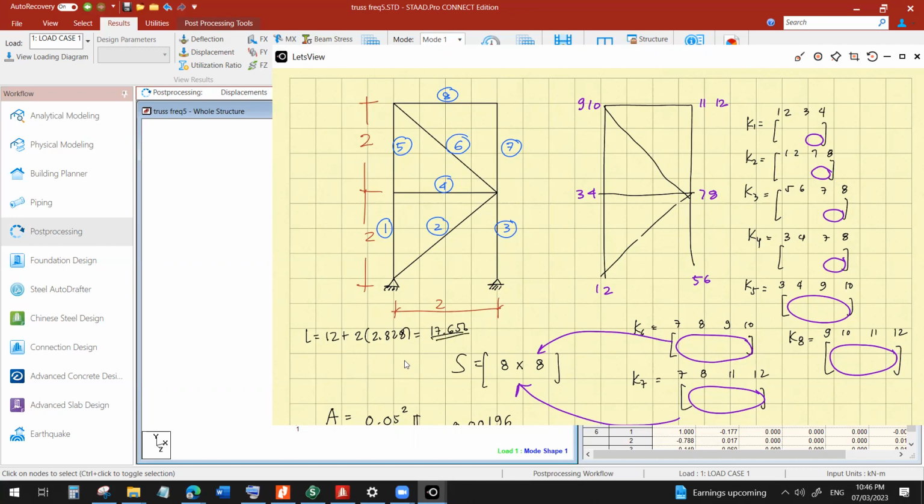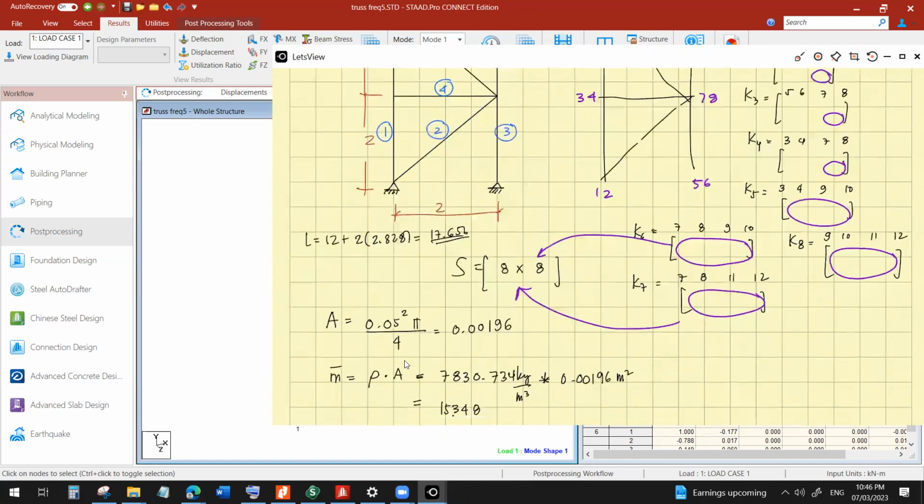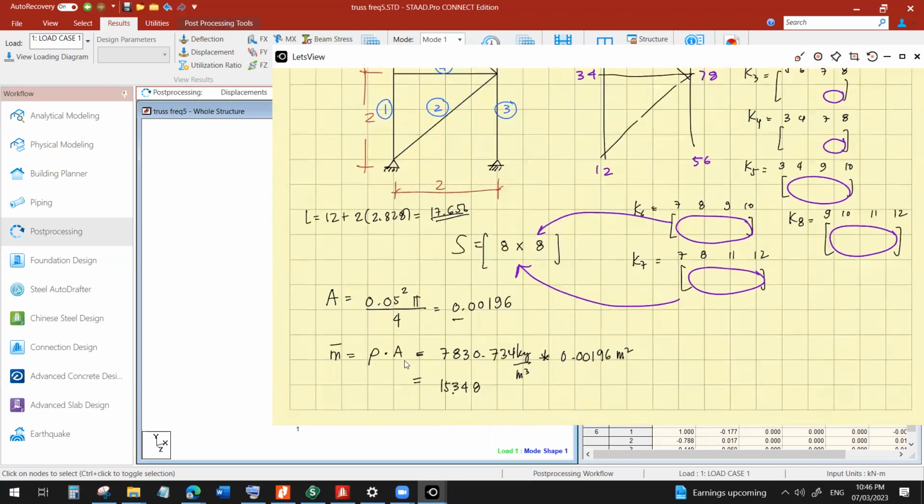Tapos may area ka na ito, 0.00196. Then, meron kang unit or density na 7830. So, let's just try to find the total weight. 7830.734 times 0.00196.